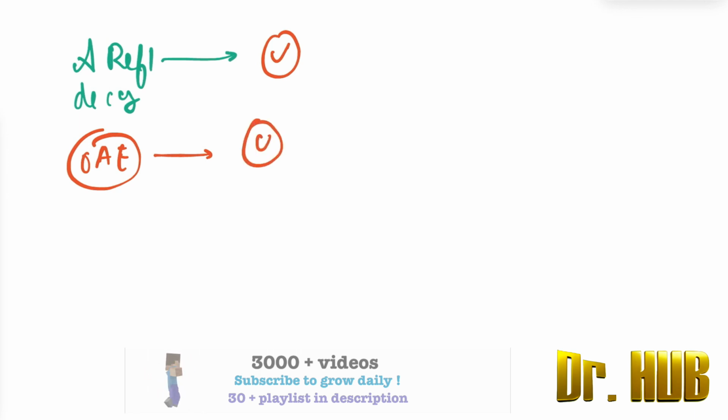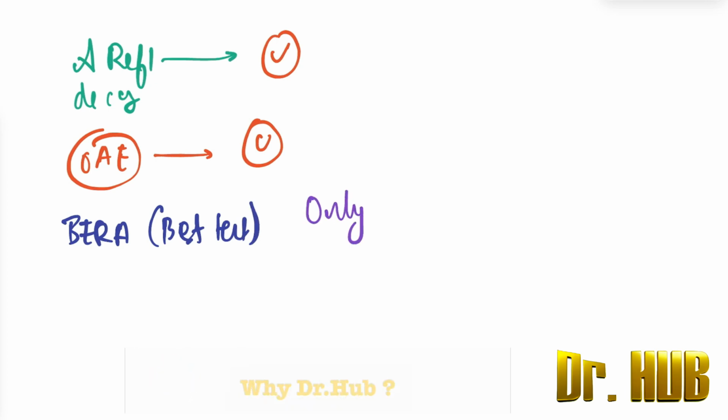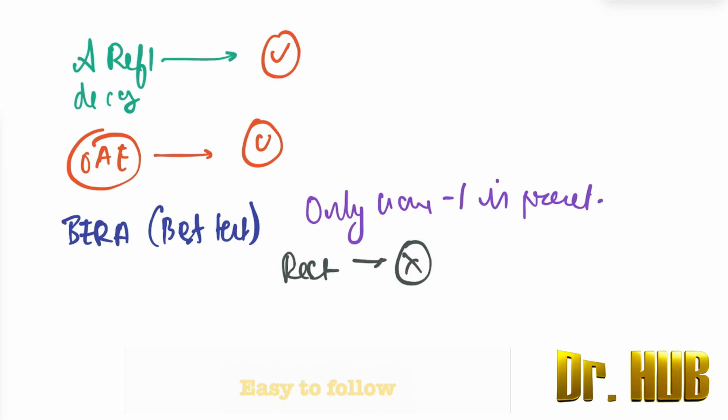Next we move on to the BERA. This is the best test. Here only the first wave is present, and the rest are absent or affected.